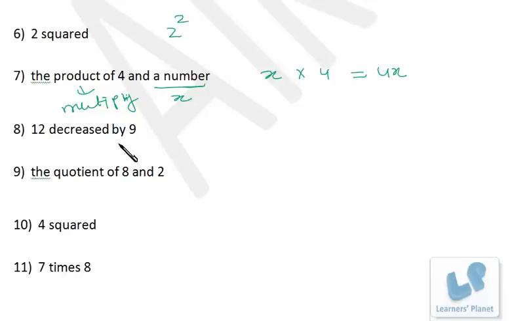12 decreased by 9. The quotient of 8 and 2, that means 8 divided by 2 is the quotient.